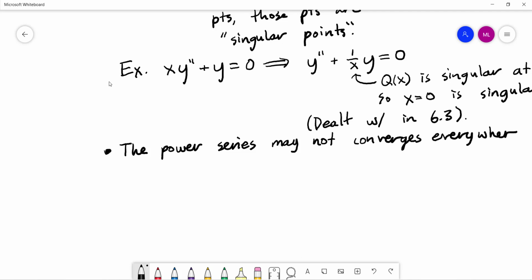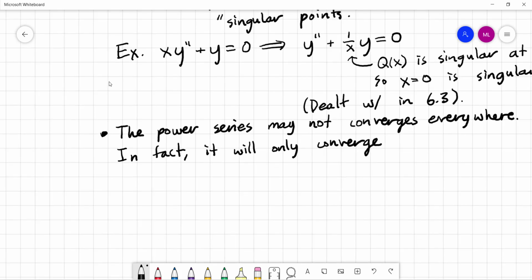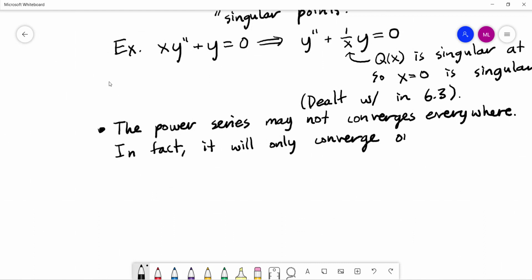So we found a solution, but that solution isn't necessarily valid everywhere. In fact, it will only converge on an interval that looks like this. So basically a distance r away from the point that we center it at.